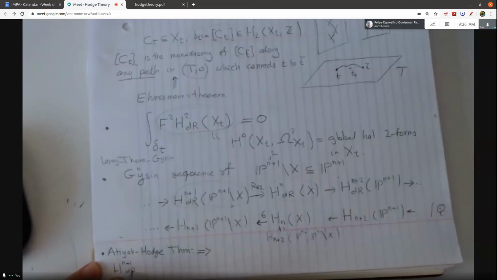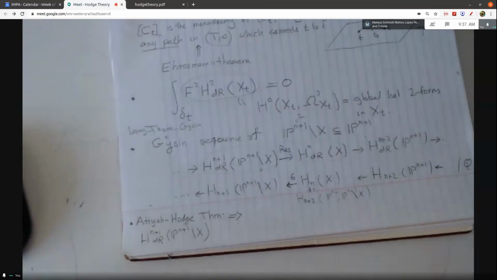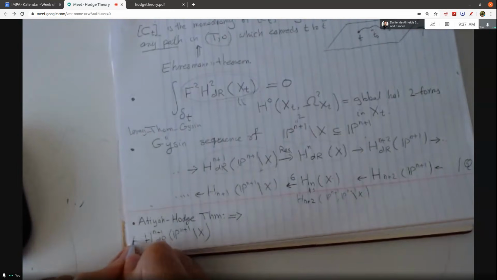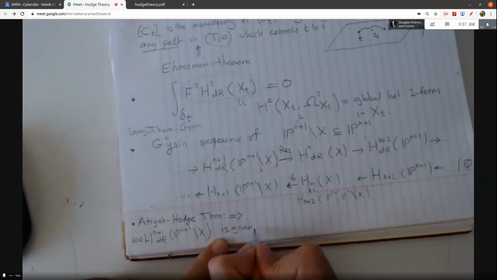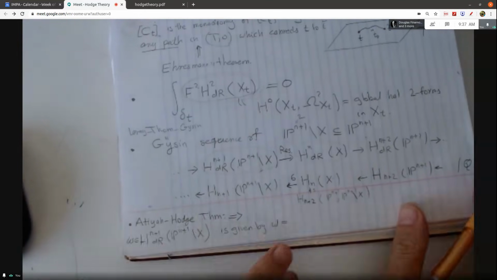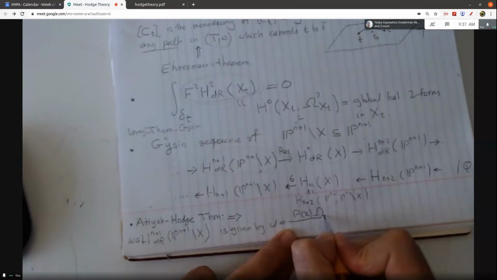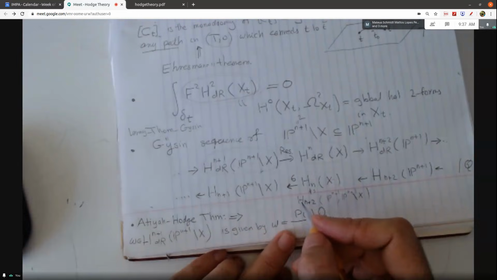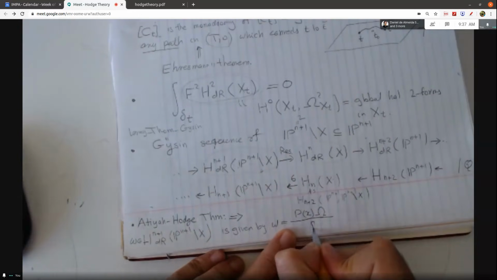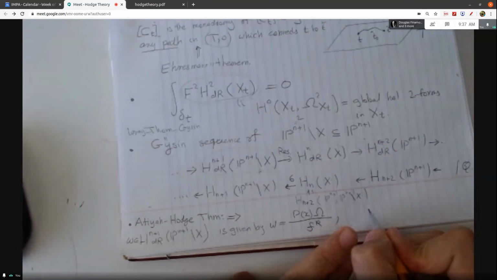H^n of P^{n+1} minus x, any omega is given by omega equal to a polynomial P times capital Omega over f^k.